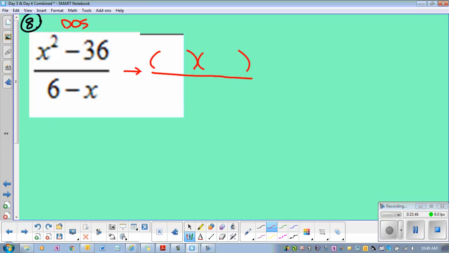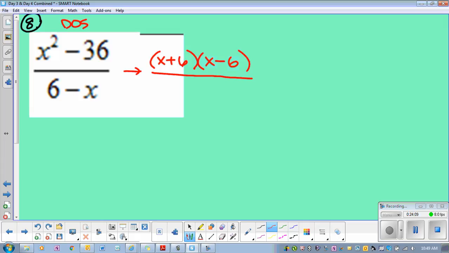If you DOTS this, what do you get? Do we agree? Did Kevin do that right? x plus 6 and x minus 6? Cindy? Did he do it right? Yeah? Timlin? Yeah. Abner? All right, perfect.